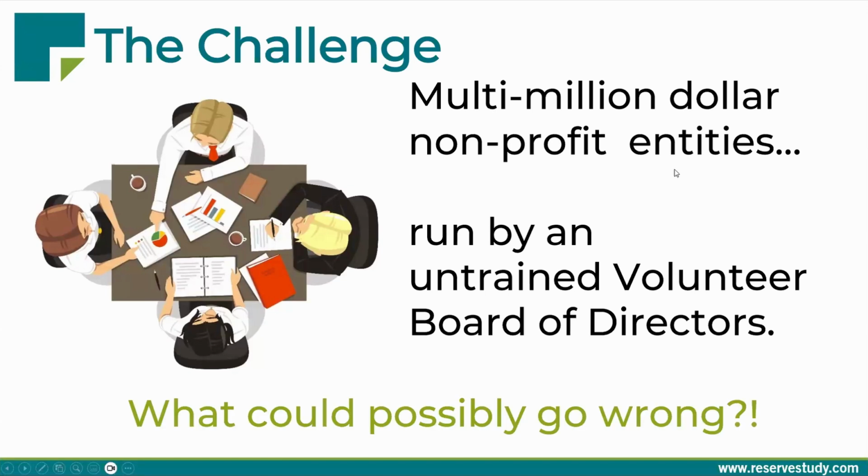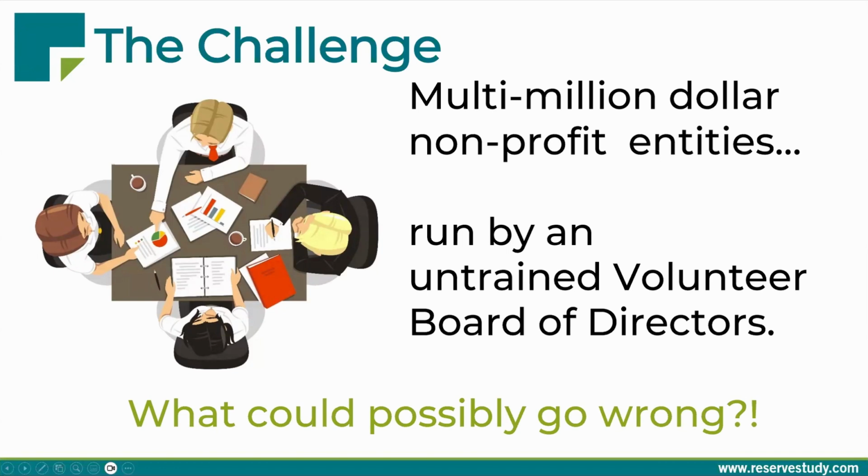And with this kind of delicate situation, where we have multi-million-dollar not-for-profit real estate corporations run by an untrained volunteer board of directors, it's no surprise that things do go wrong. And there's challenges left and right.